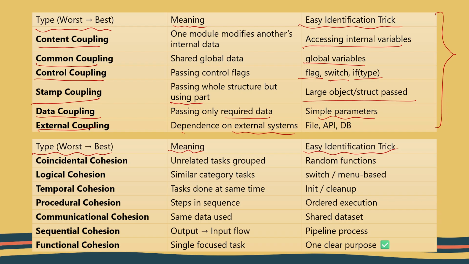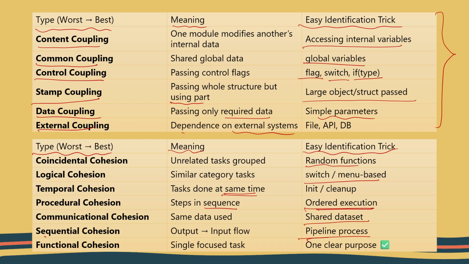Next, coincidental cohesion: unrelated task groups, that is random functions. Logical: switch or menu based, similar category tasks. Temporal: tasks done at the same time. Procedural: steps in sequence, ordered execution. Communicational is shared data set.